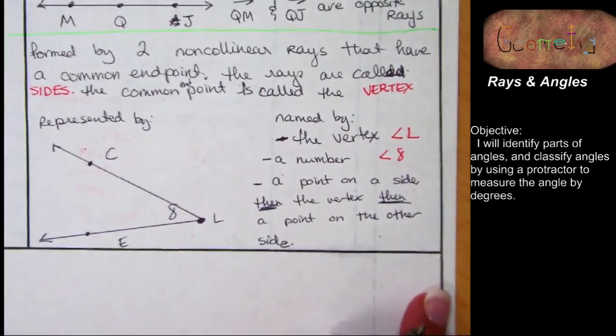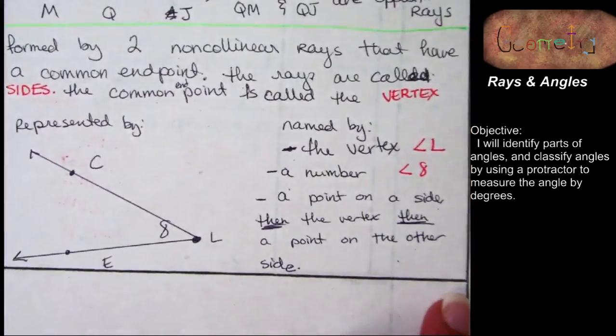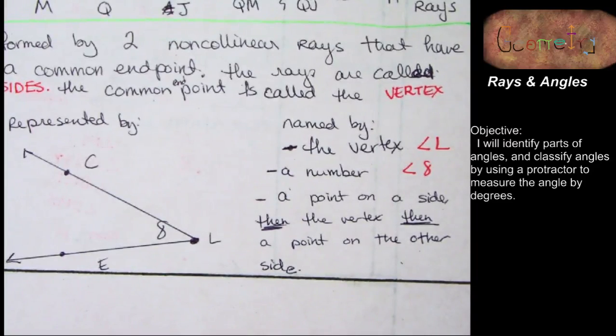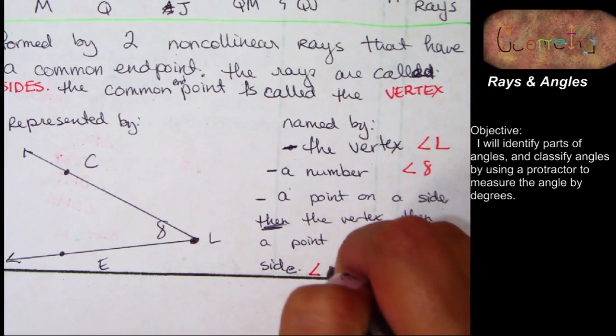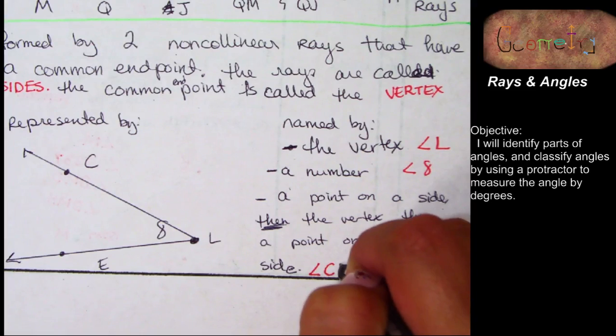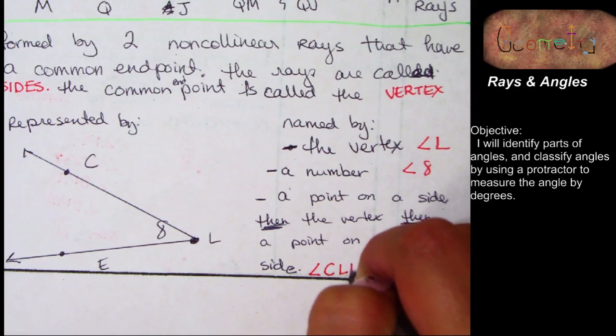I'll zoom in a little bit because I realize it's starting to get kind of small. A little better? Okay. So pick one side, the side with the C or side with the E? C. Side with the C. Okay, so let's name this angle. This angle can be named angle C, L for its vertex, E for its other side.